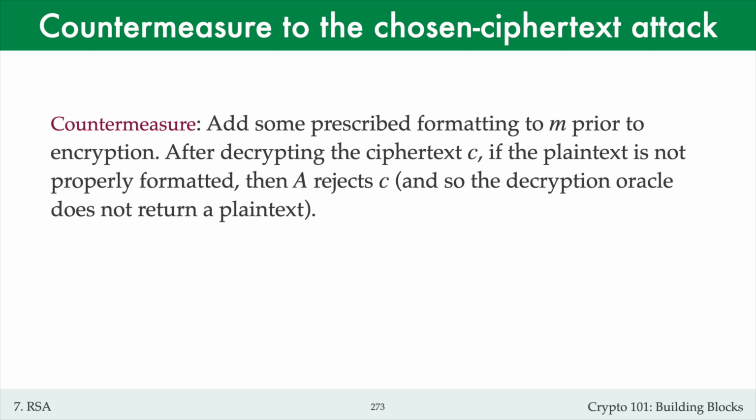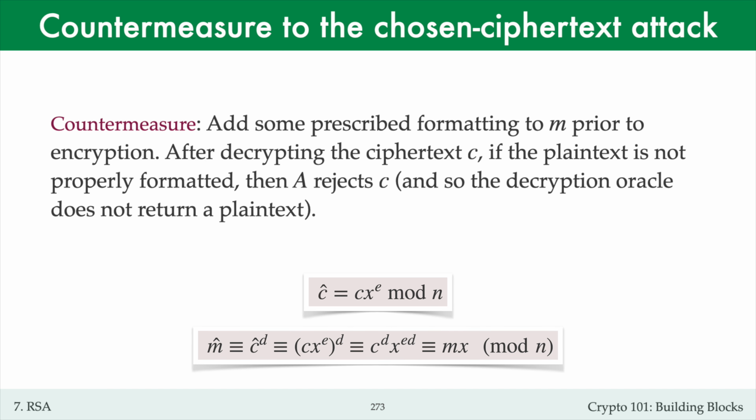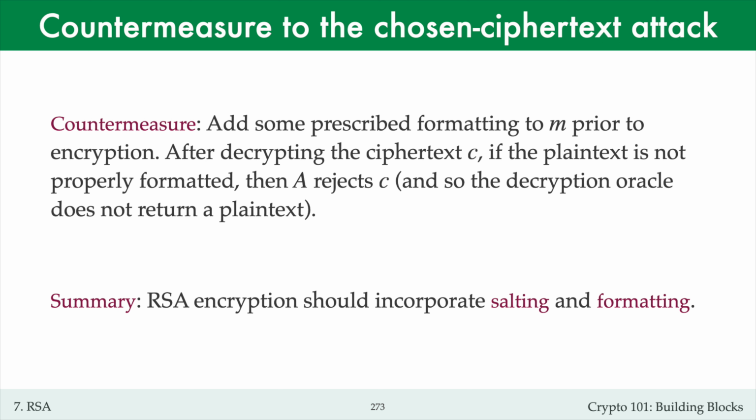The rationale for the formatting is that when Eve modifies C by multiplying it by x to the power of e modulo n, the decryption of C hat, namely M hat, is the original plaintext, which is properly formatted, times x modulo n. The hope is that multiplying m by x modulo n results in a plaintext that is not properly formatted, and so Alice would reject m hat and not return m hat to the adversary. In summary, RSA encryption should include salting and formatting.